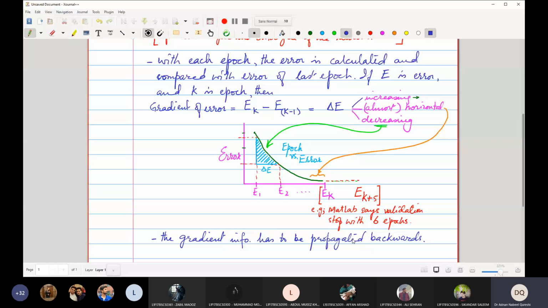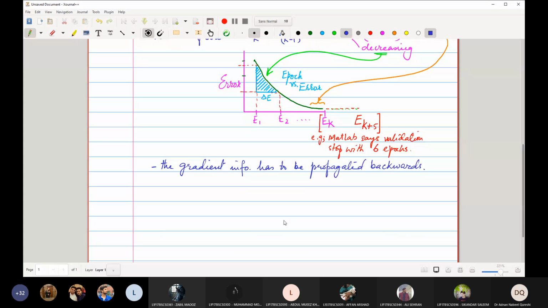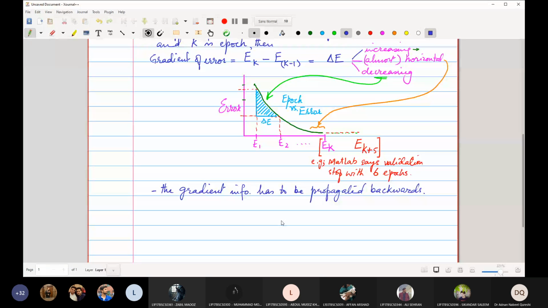then the next point is, we have just calculated the gradient of the error, what difference came between the two. But the other significant thing is how many terms.